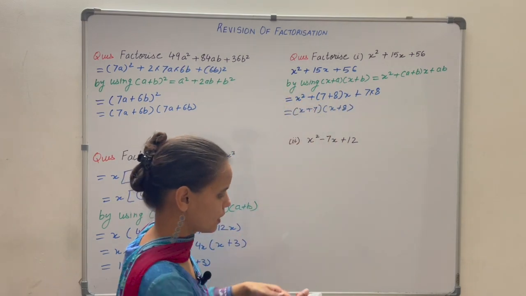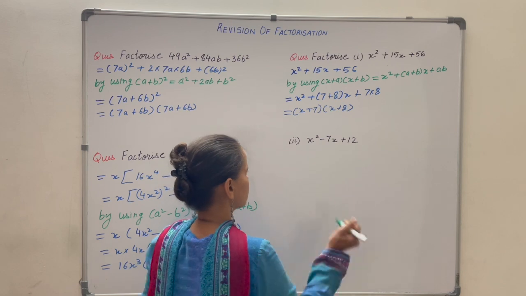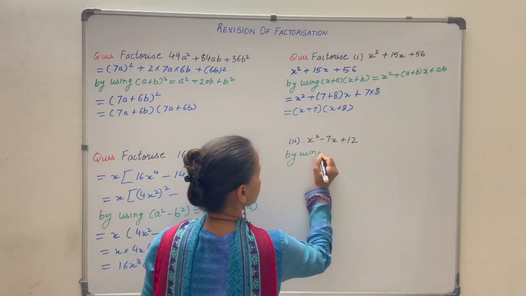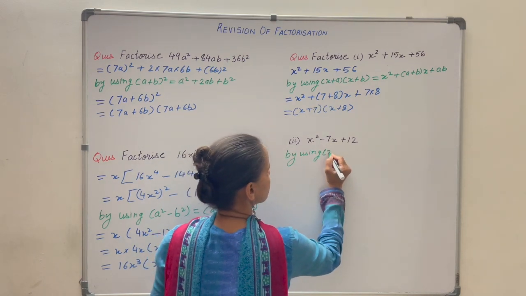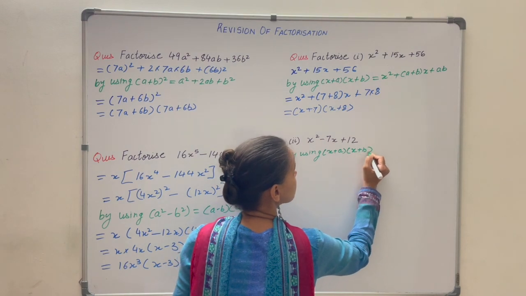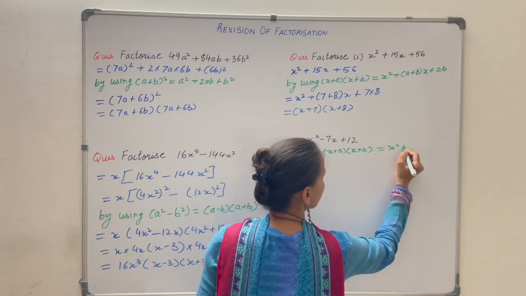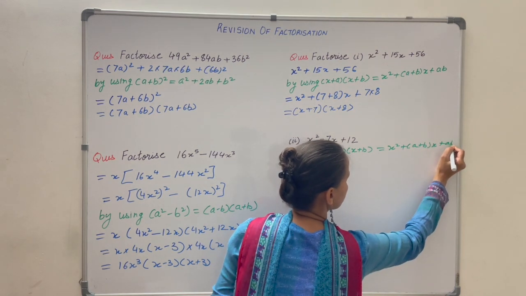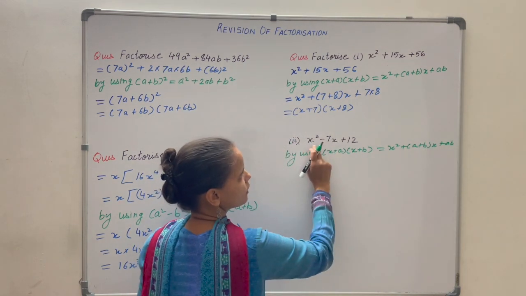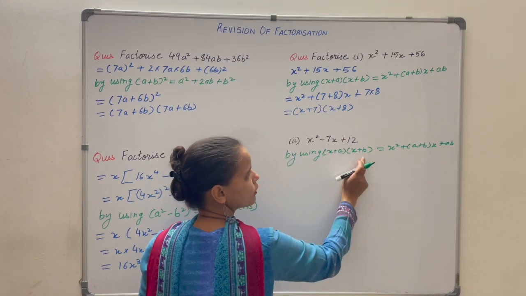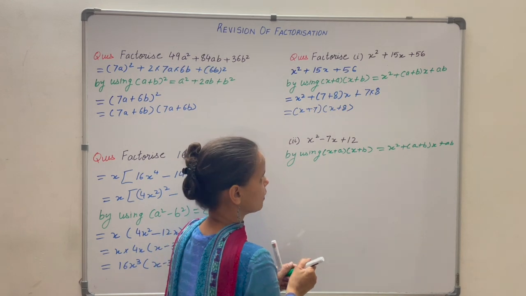So let us write it down by using (x plus a) into (x plus b) is equal to x square plus (a plus b) into x plus ab. So we will write this exactly like this so that it is easy for us to write down the factors.